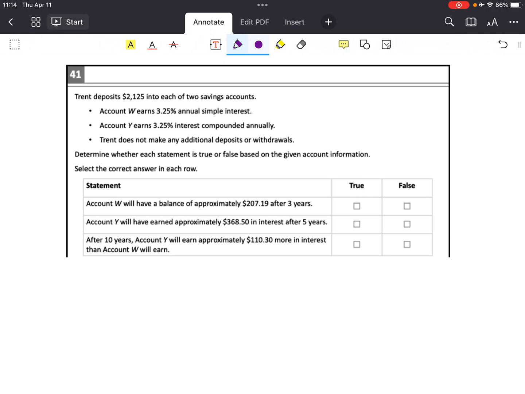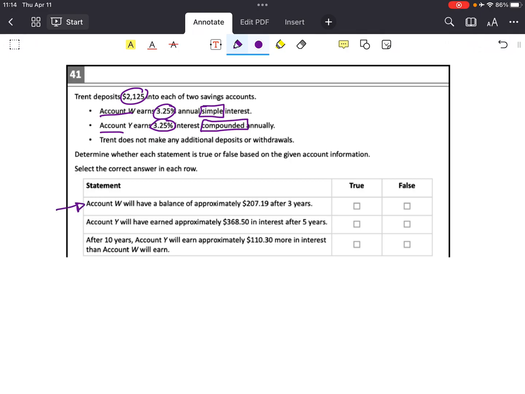Determine whether each statement is true or false based on the account information given. So we know for sure it's $2,125. We know for sure account W has 3.25% and is simple interest. We know for sure account Y is also 3.25%, but this one is compound interest. And we're not told the time just yet.